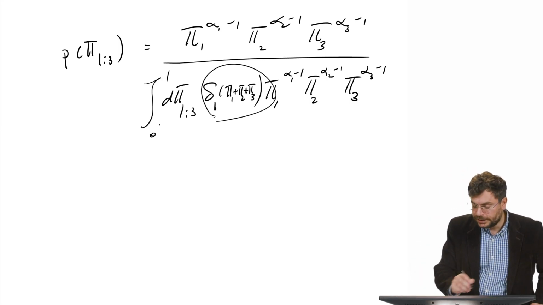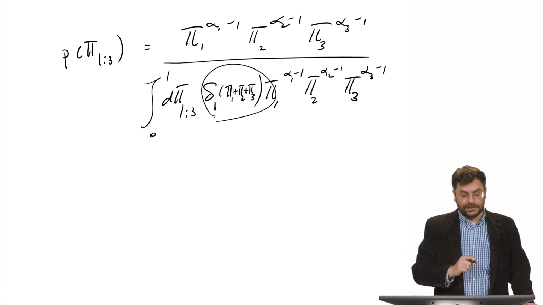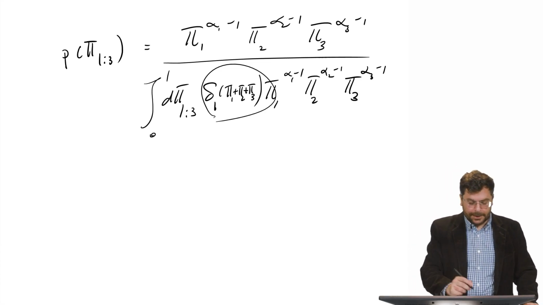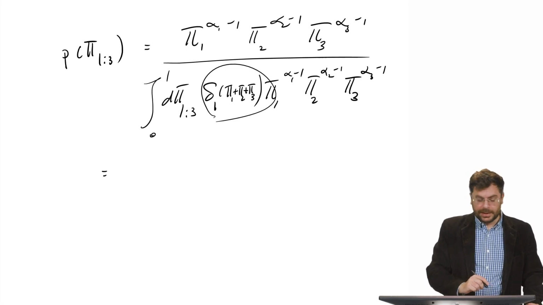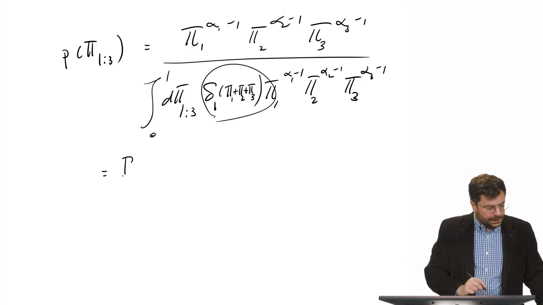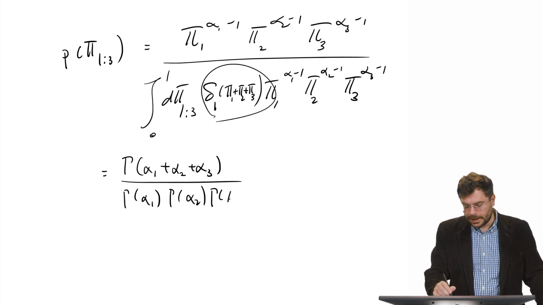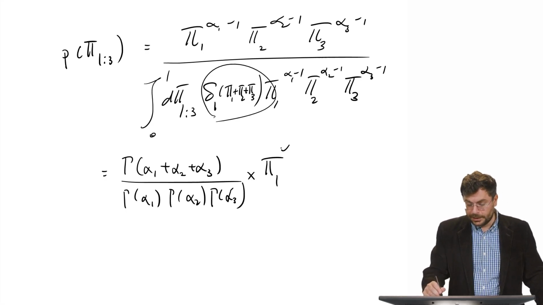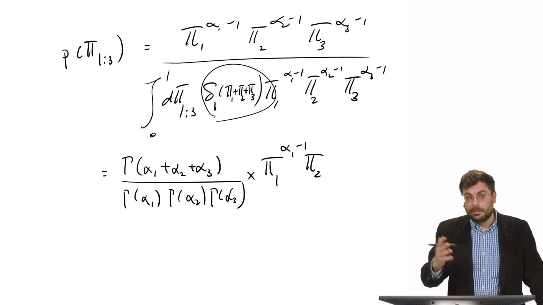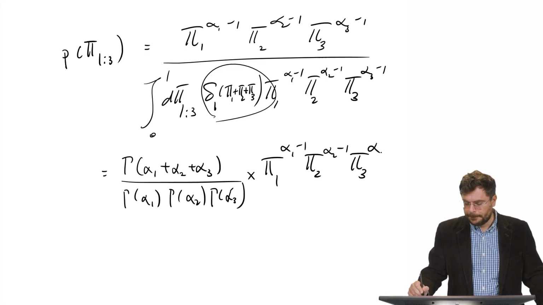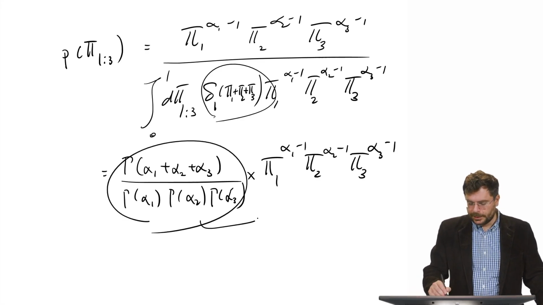So this delta function condition, a Dirac delta function, is very important towards taking this integral. If you take my word for it, I'm going to write down what the integral is: gamma of alpha 1 plus alpha 2 plus alpha 3, divided by gamma of alpha 1, gamma of alpha 2, gamma of alpha 3. And that's the normalization, multiplied by the pi-dependent portion of my Dirichlet distribution, which is this quantity here.